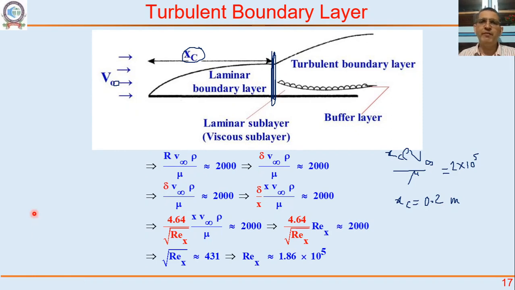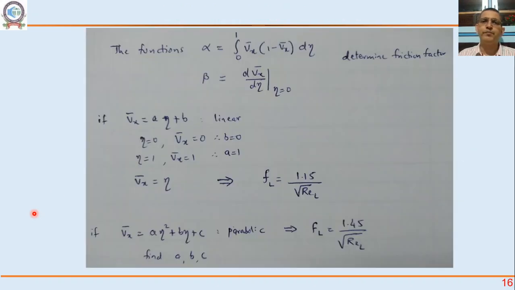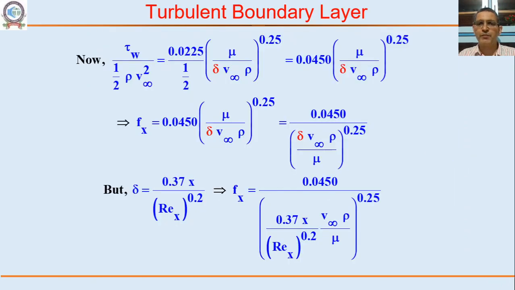Okay, same way we can do it if I assume a velocity profile. Now in turbulent flow, the velocity profile that I am going to assume is like this. Let me give you that expression. I need an expression for how Vx bar changes with eta. The expression that we are going to take for turbulent flow is the 1/7 power law model.